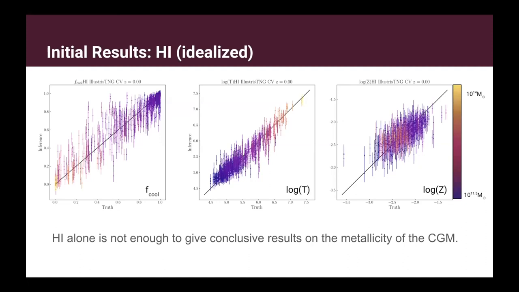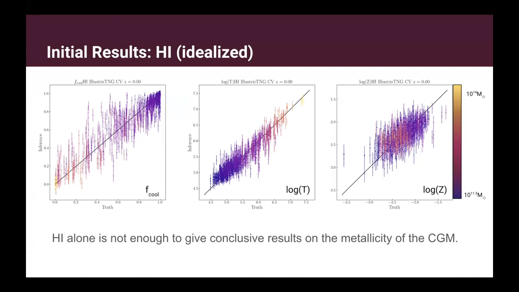Looking first at the H1 idealized, we have Fcool on the left, log of the temperature in the middle, and log of the metallicity on the right, and the colors correspond to the mass of the halo. So the purple is for the lightest mass, 10 to the 11.5 solar masses, going all the way up to yellow, which is 10 to the 14 solar masses.